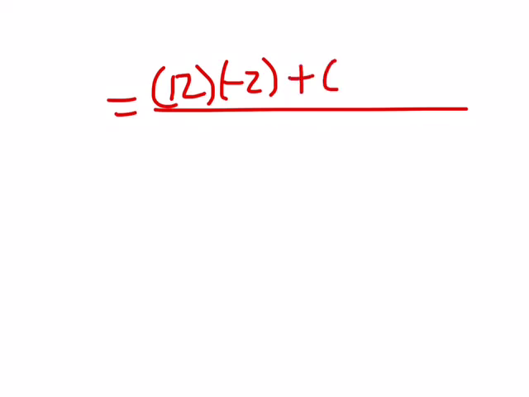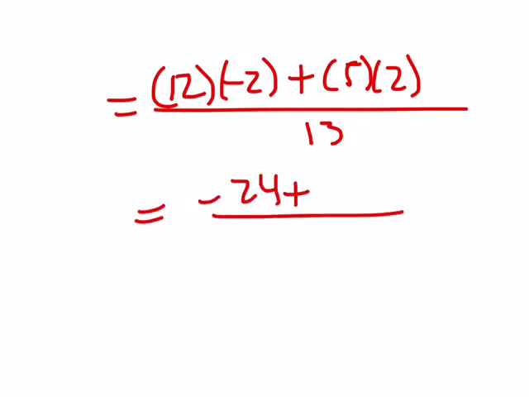Okay, so when filling it in, I run out of room there, so I'll go to a new page. 12, negative 2, plus 5, 2, and then we just solve for the 13. So it's negative 24 plus 10 over 13, which is negative 14 over 13. Last one, 13.